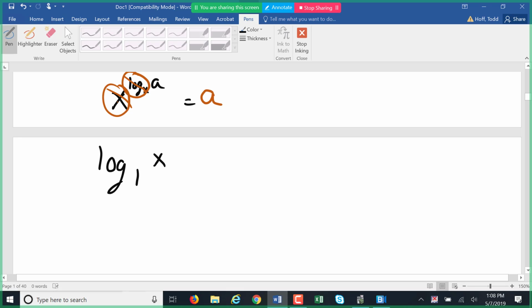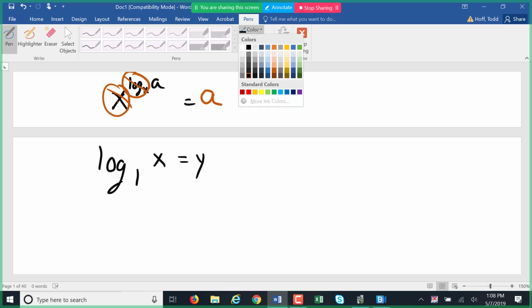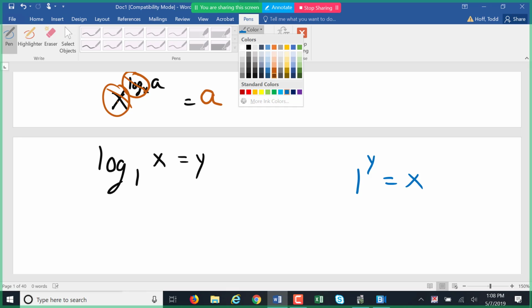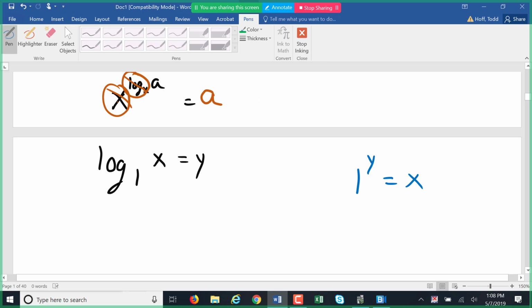Log base 1 of x equals y. What this is asking us is 1 to the power of y equals x. What is the only possible value of x here? Doesn't matter what y is. X has to be what?